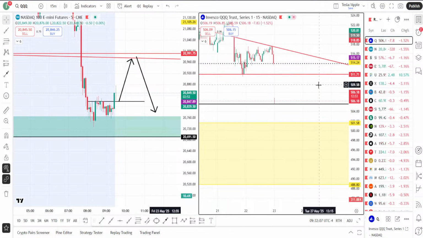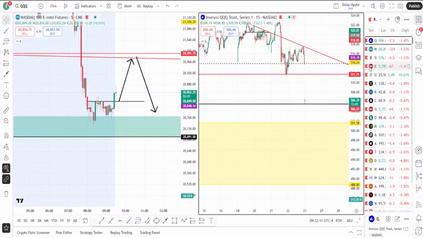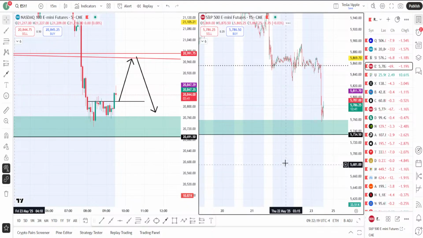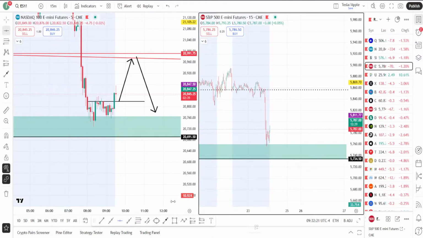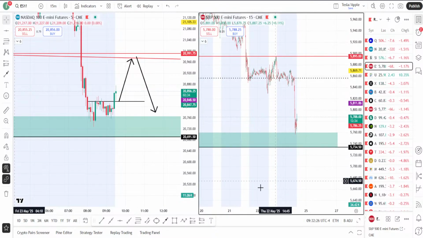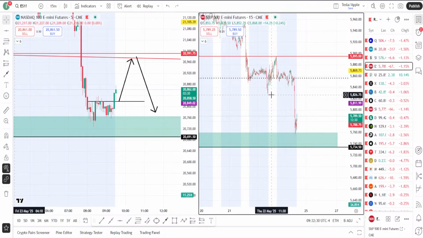And that's about it for now. No, actually, this is a Qs. My bad. Go to the ES real quick. There it is, ES. Find resistance there, or we could find resistance here.